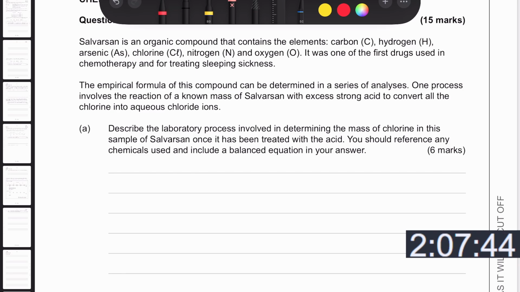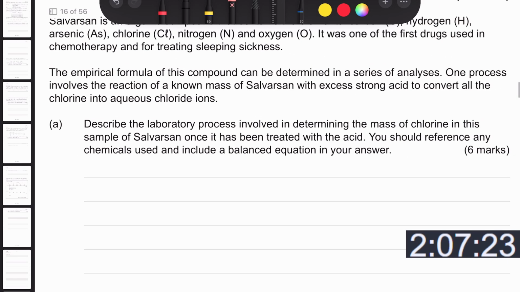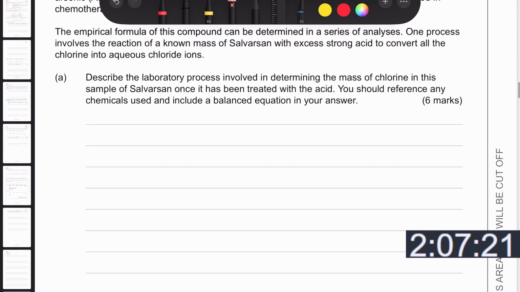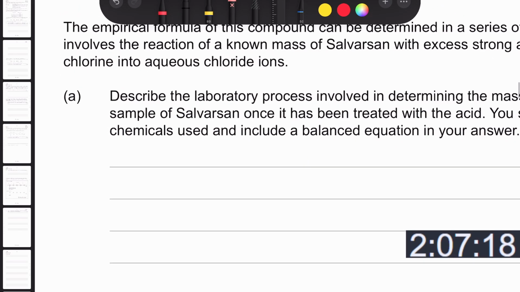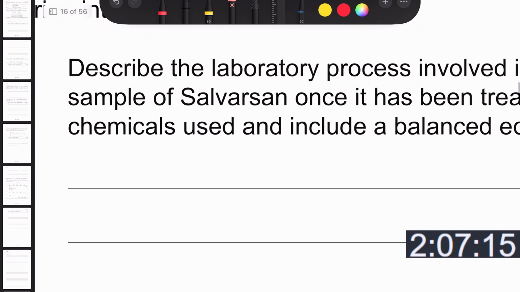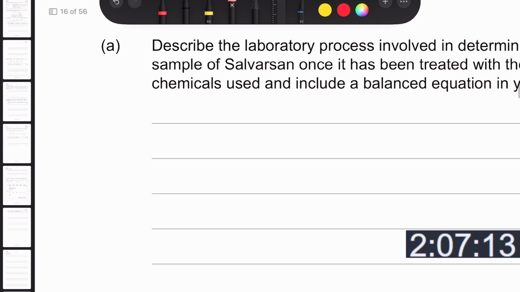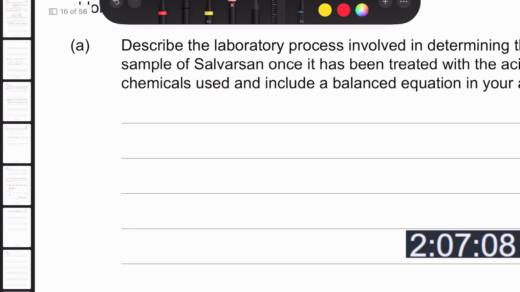I'm kind of lost with this question. H2O2? How would you determine the mass of chlorine in a sample once it has been treated with the acid? Can I do like add sodium?